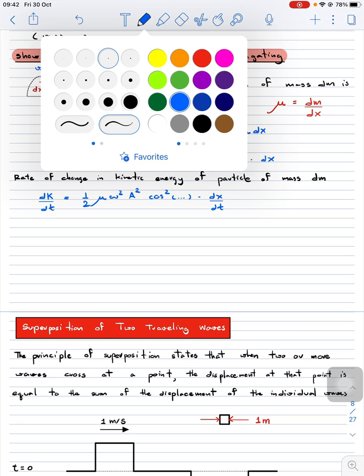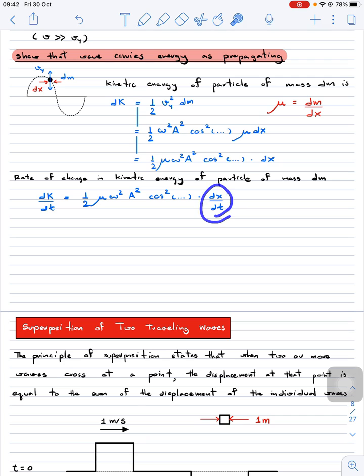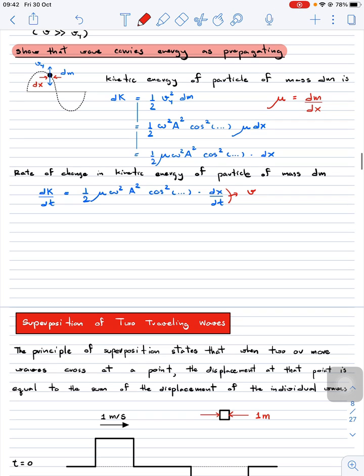Okay, so now let's see this. What is the dx by dt? The dx by dt just equals the v, which is the speed of the traveling here.